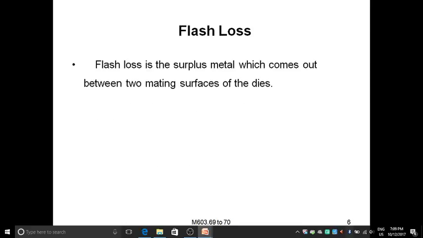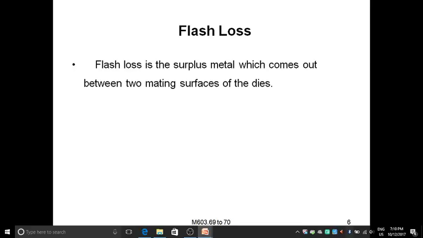Then we come to the flash loss. Flash occurs when a material in the red hot state is placed in the cavity between the two dies. When you apply pressure, the billet will extrude from the meeting parts of the dies.